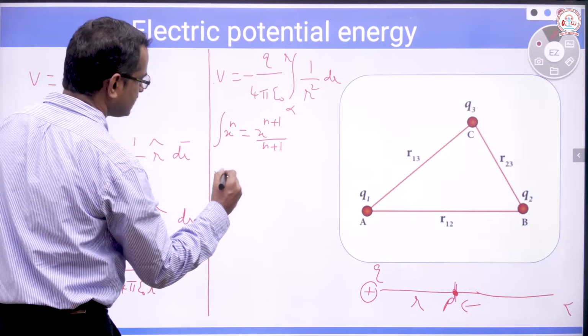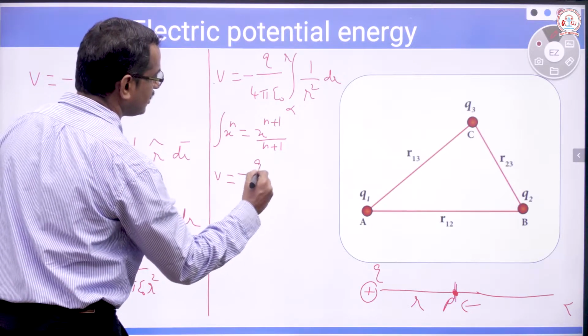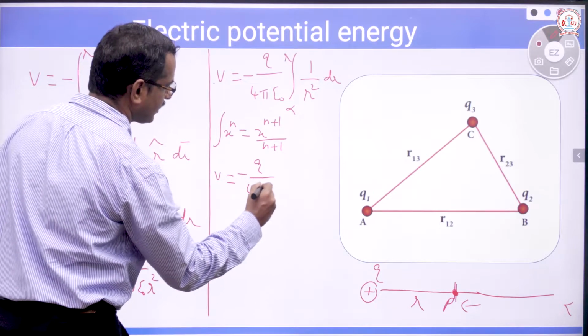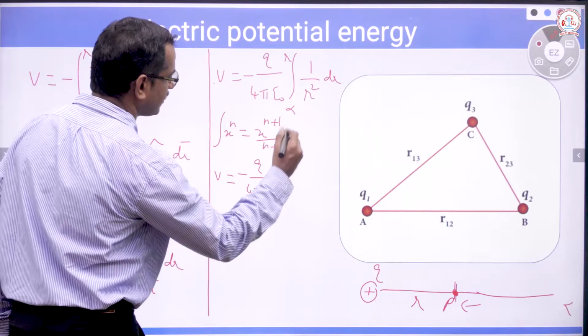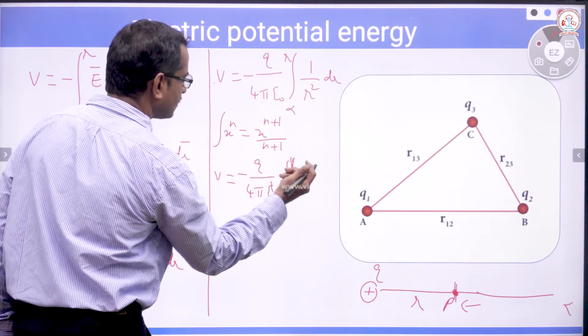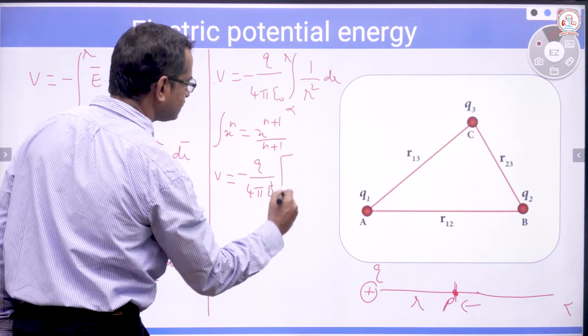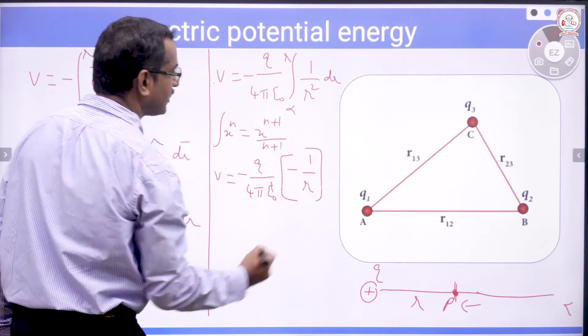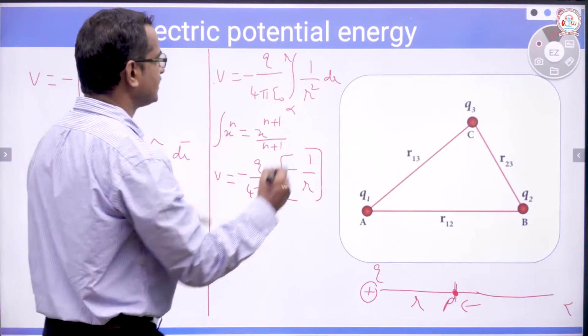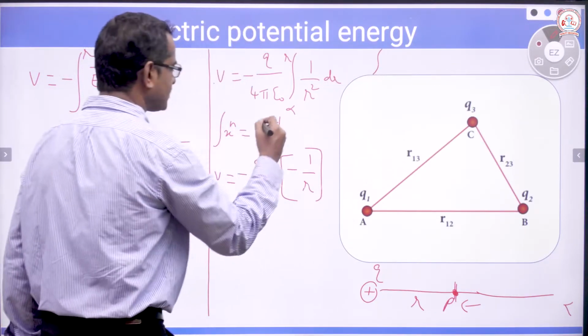Therefore, V is equal to minus Q divided by 4 pi epsilon naught, and after integration we will get minus 1 divided by r, because the integral of x power n equals x power n plus 1 by n plus 1.